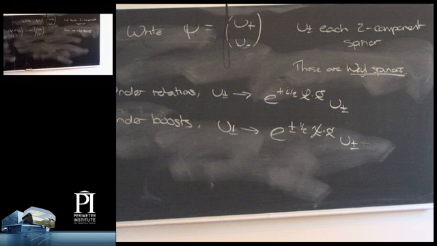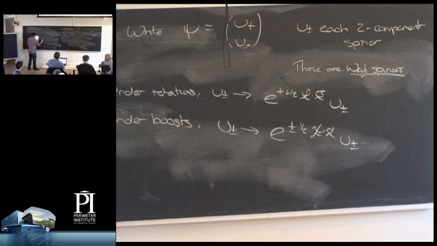Okay, so just writing this out and introducing a little bit of new notation. Okay, well, I've introduced a new notation which looks like the Pauli matrices, except now it's got a space-time mu index on instead of the i.